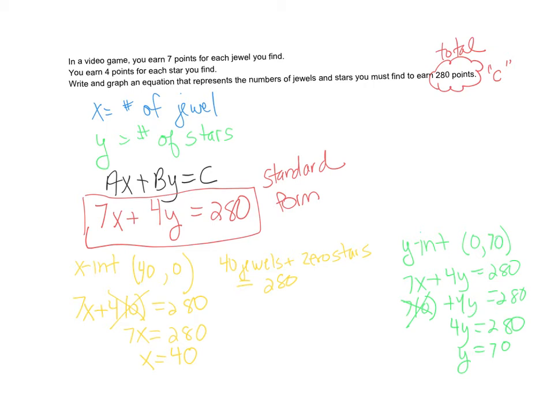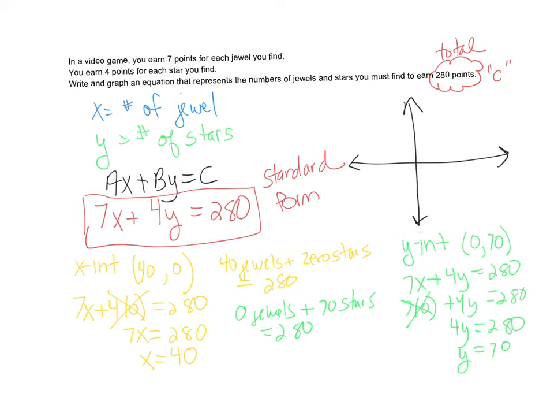And so what that tells me is that if I have 0 of those joules and 70 stars, that is going to equal 280. What it ultimately does is give me enough information to be able to plot my points and to make my graph.